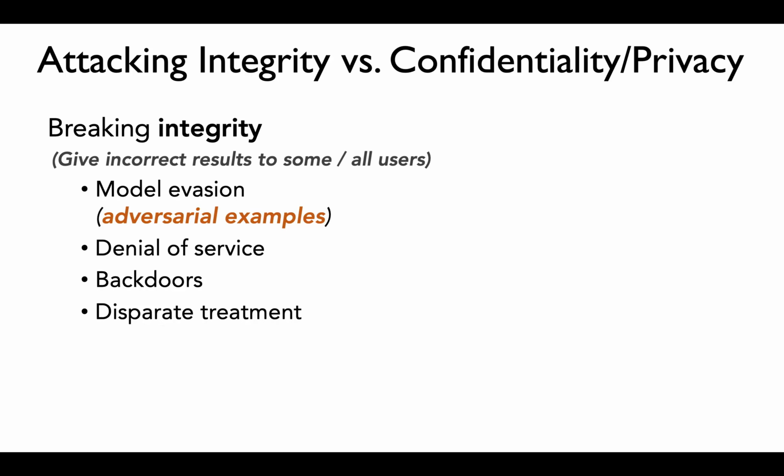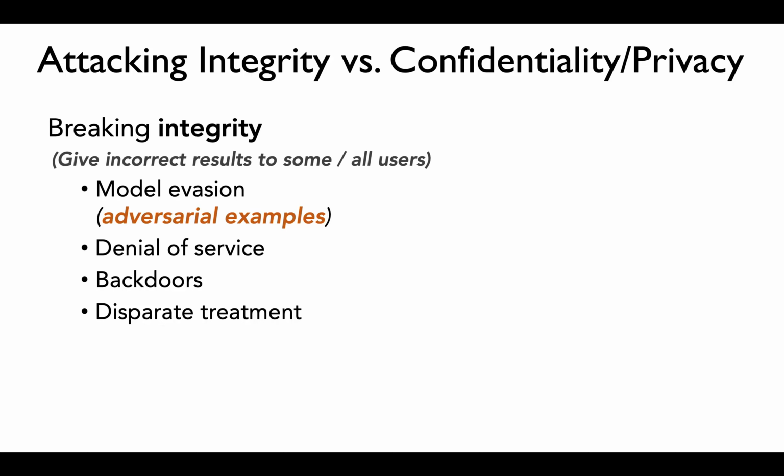So if we compare attacking integrity versus confidentiality and privacy, breaking integrity in the context of adversarial machine learning would mean model evasion. So the kinds of attacks we have just seen are known as model evasion, and they are launched at the time of the testing. So we don't mess with the training phase. In this case, the training is done independently, but now you are interested in attacking the system at test time.